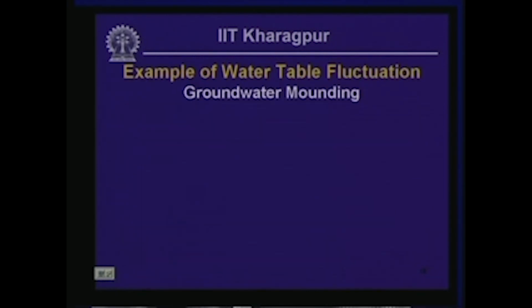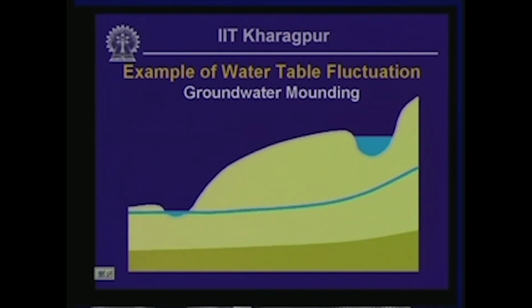Now let's look at a cartoon showing the groundwater fluctuation. This is in fact going to illustrate the concept of a situation called groundwater mounding. Now let's consider a stream that flows upslope on a hilly area, and this stream is a temporary stream that runs only during wet season, only after snow melt.